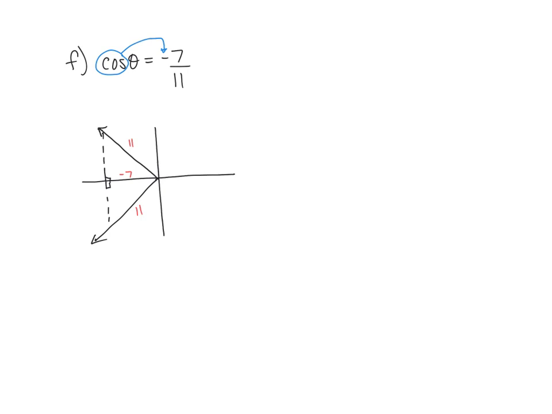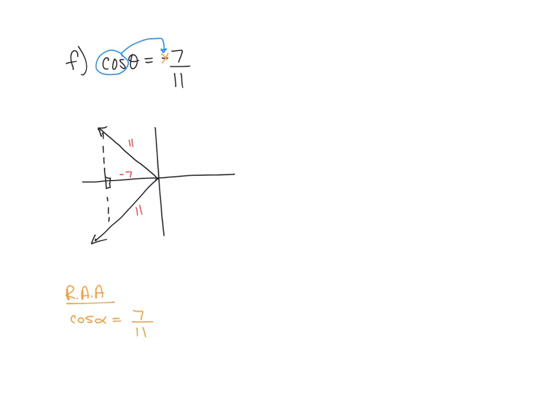So I have used the negative to tell me which quadrant my terminal arms are located in for cos, and then I'm going to use my related acute angle with the positive ratio. So I'm going to use just the numbers to give me my related acute angle. Okay, so now this is going to help me find the size of the angle.